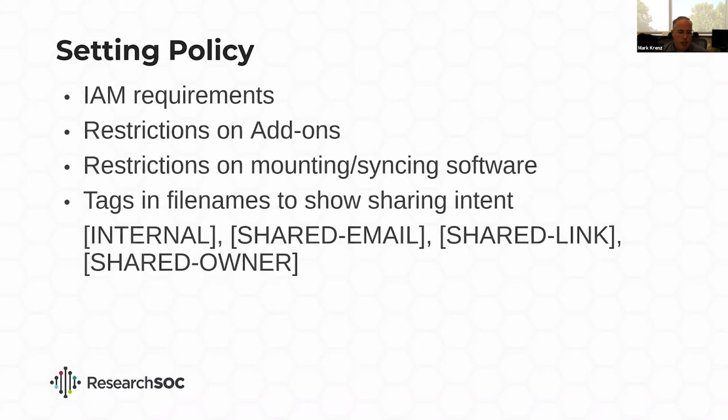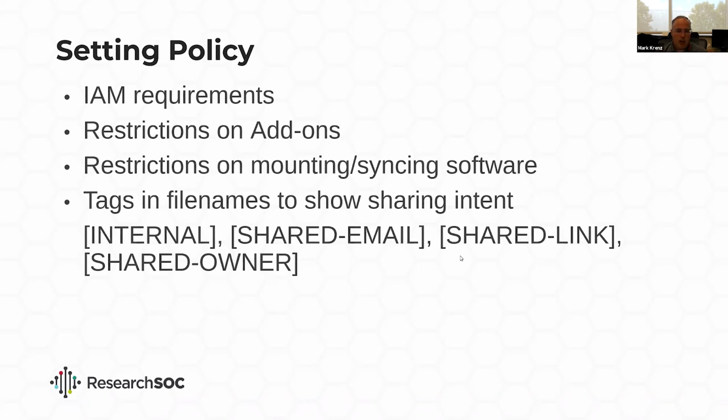Another thing that we've done is to make auditing easier. Because you can't indicate through the sharing settings what your intention to share was, like whether it is meant to be internal, shared with another set of email addresses, or shared by link, we have tags that we put at the end of file names.